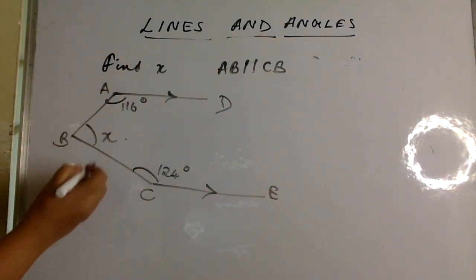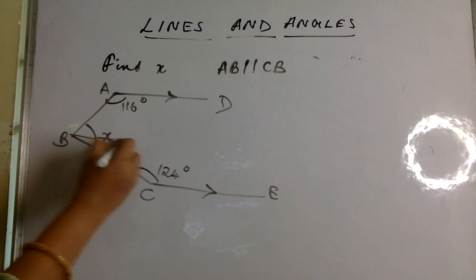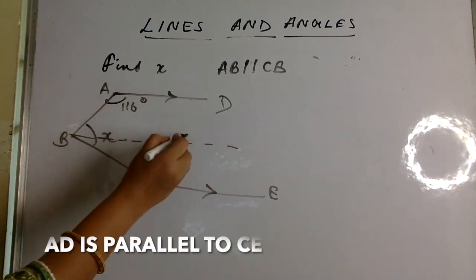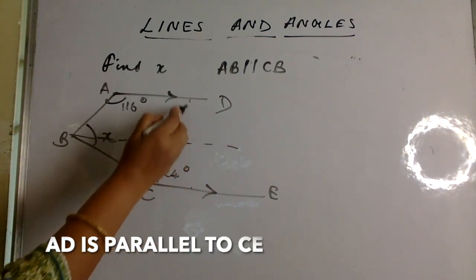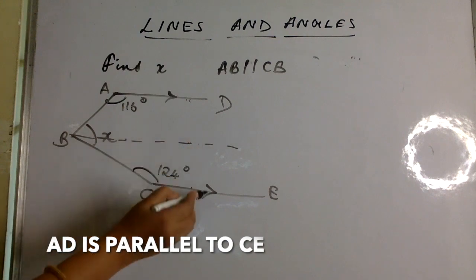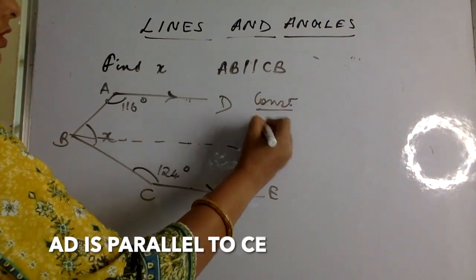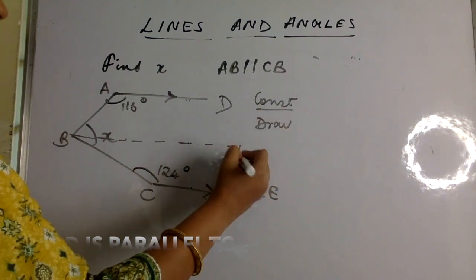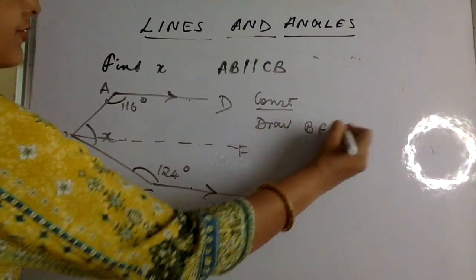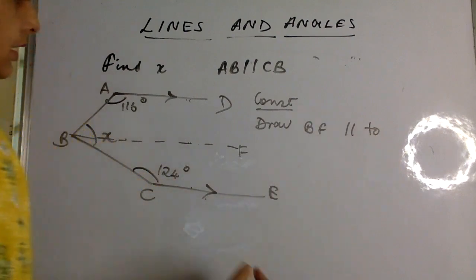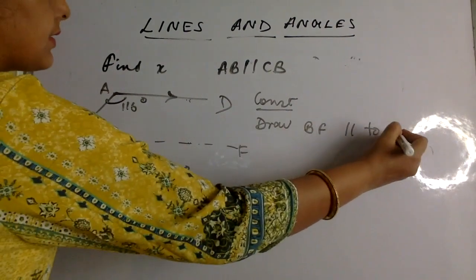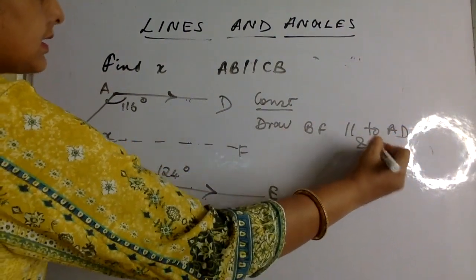What we'll do here is draw a line parallel to this line. If these two are parallel and I have drawn a line parallel to this, it automatically means this is also parallel to this. So the construction says draw BF parallel to AD and CE.